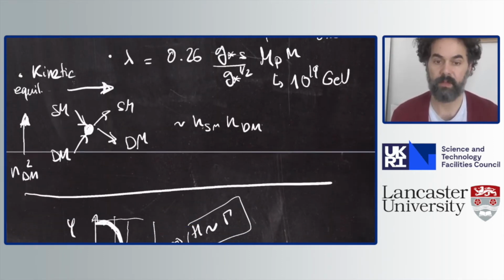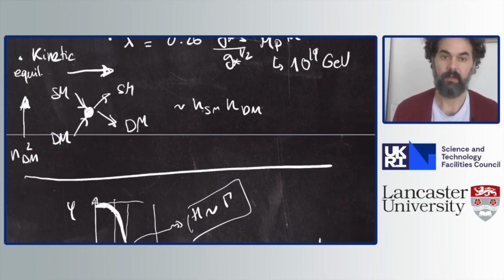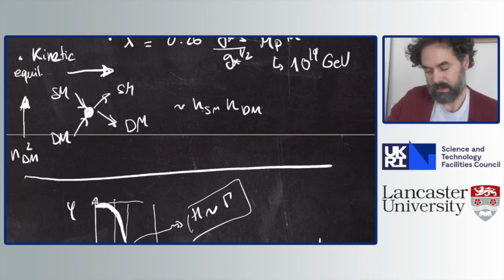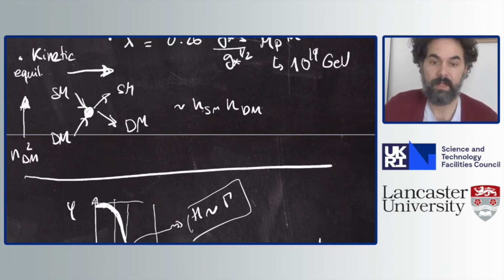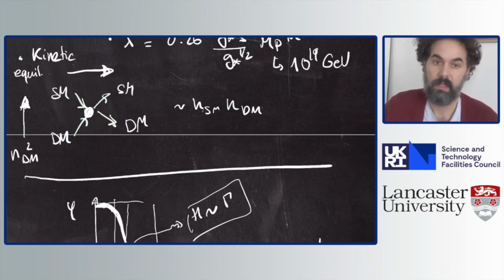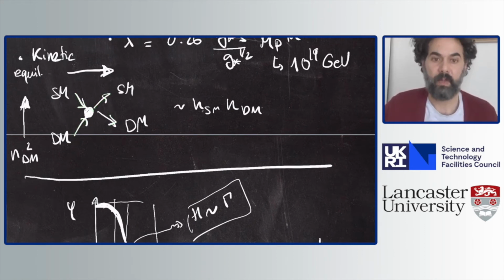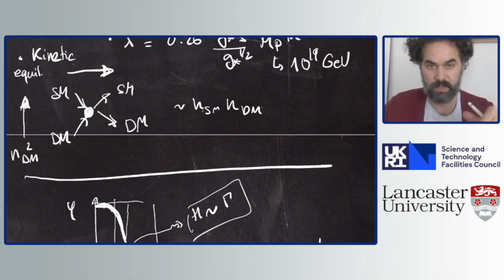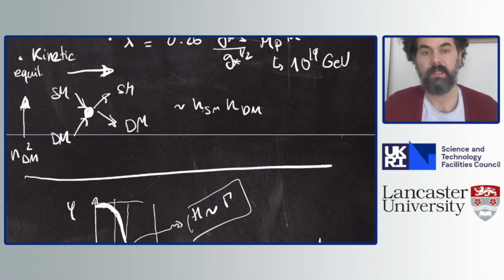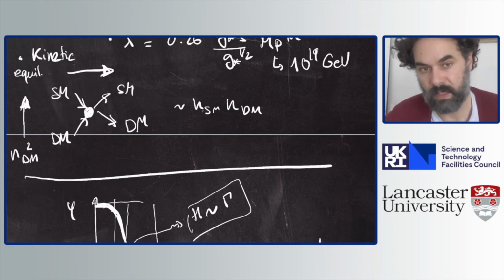I'm going to skip the comment on kinetic equilibrium. This is not so relevant for this module. Just let me tell you that we have been exploring what is called chemical equilibrium, in which dark matter goes to standard model, but you can also consider reactions of dark matter standard model going to standard model dark matter. Those are processes that can keep particles in equilibrium, but what is called kinetic equilibrium, you still redistribute momentum around, and you tend to generate equilibrium distributions, but in this case, since you don't have chemical equilibrium, you tend to generate what is called a chemical potential.